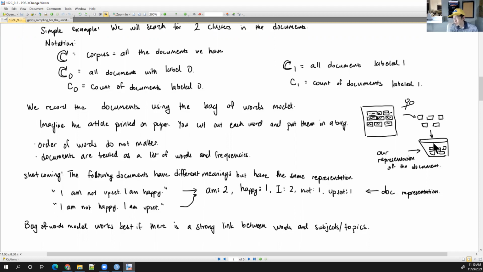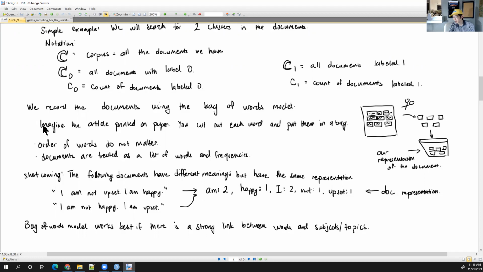Basically, the identifying content of the document is how many words there are, which words appear, and the frequency that each of these words appear. What we lose with the bag of words model is any kind of meaning that's based on the structure, based on the order, right?